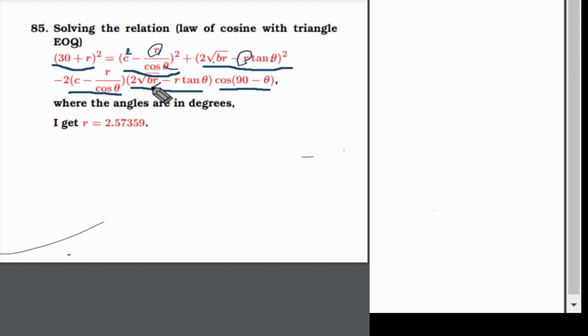That's why we don't have any trouble solving for R. After we rewrite, simplify, and calculate, I got R equal to 2.57359. This data will also be used for the next question, challenge question 86. So please keep that in mind.